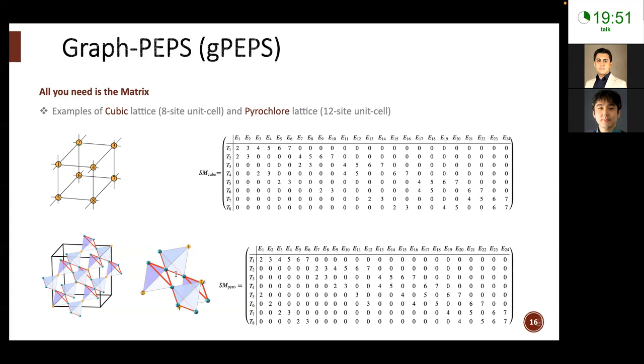However, for complicated structures like pyrochlore, extending the approximation techniques for contraction of the full environment is not straightforward at all. However, this graph idea with the structure matrix enables you to simulate these kinds of complicated structures.